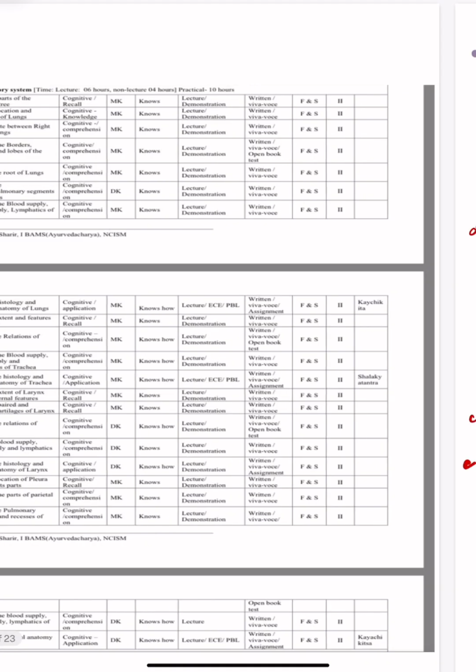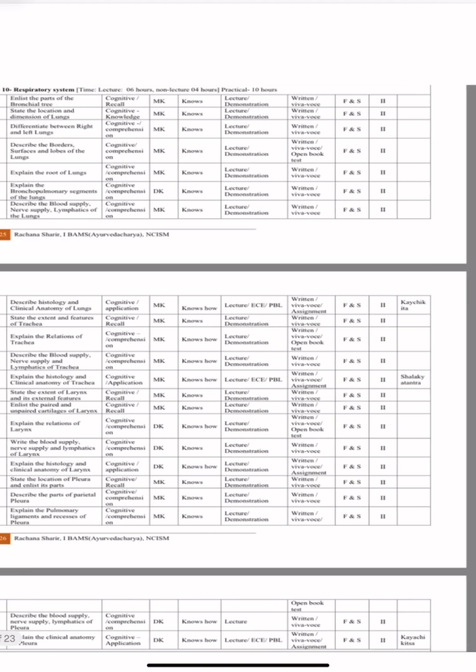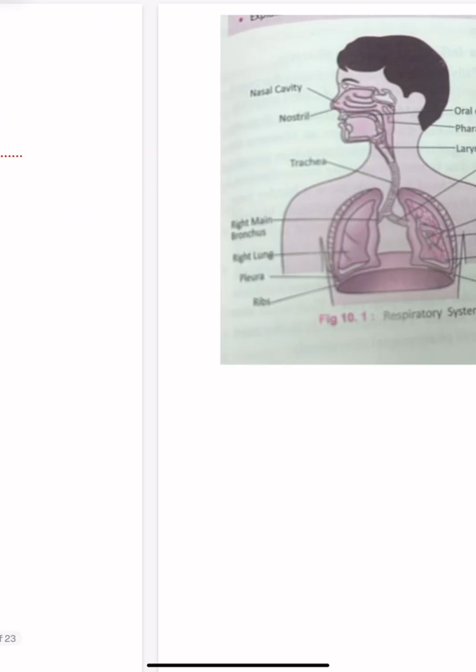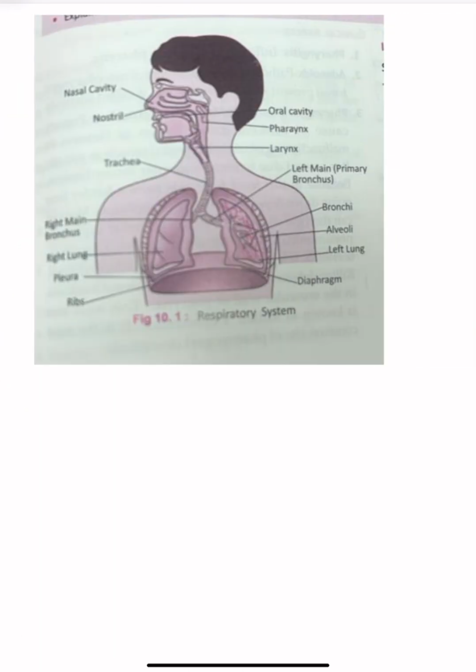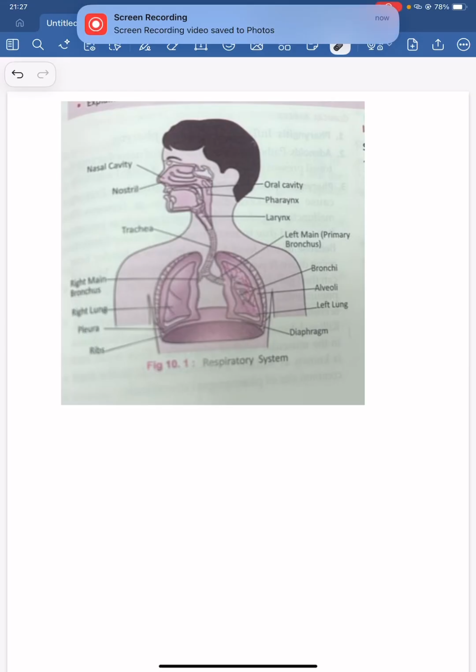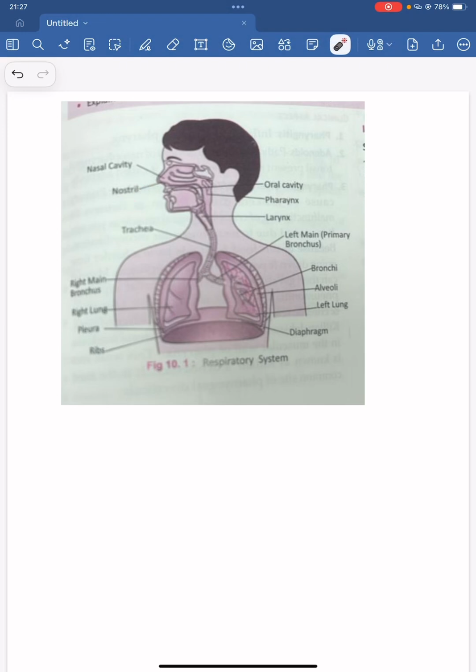So here we go directly to the difference between the right lung and the left lung. As you know, air enters through the nostril into the nasal cavity, then through the larynx it goes to the trachea, and then enters the lungs to the alveoli, where gaseous exchange happens between the lungs and the blood.